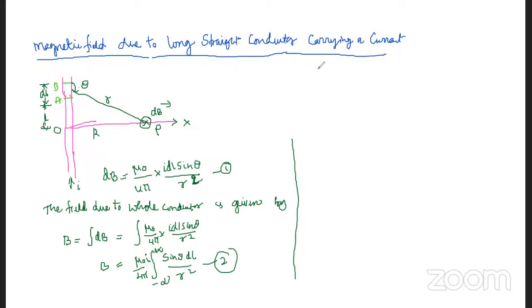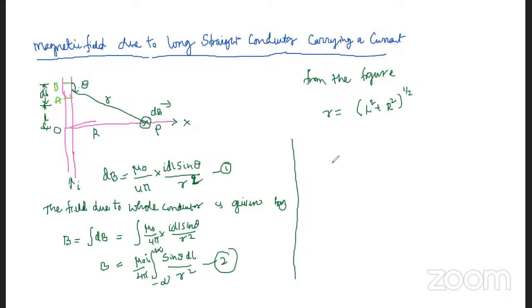From the figure, r is equal to L square plus R square whole to the power of half. From the right angle triangle, r square is equal to L square plus R square, so r is equal to the root of this, that is L square plus R square whole to the power of 1 by 2.